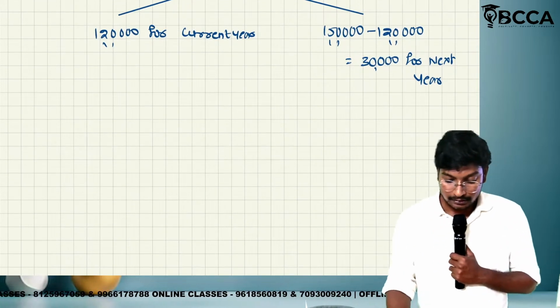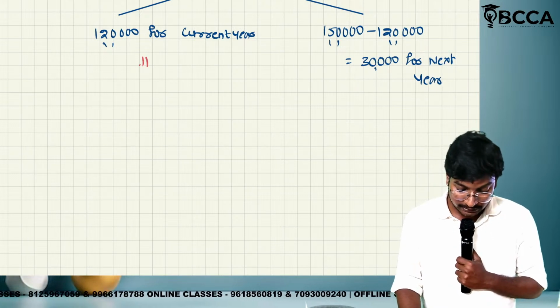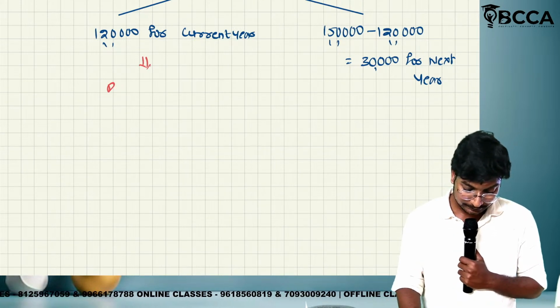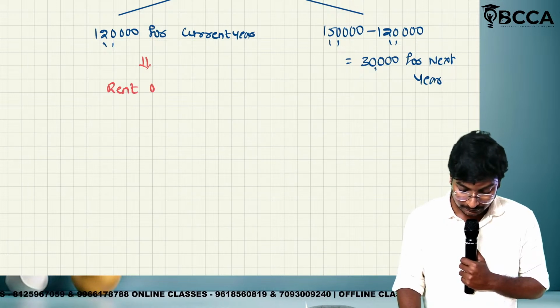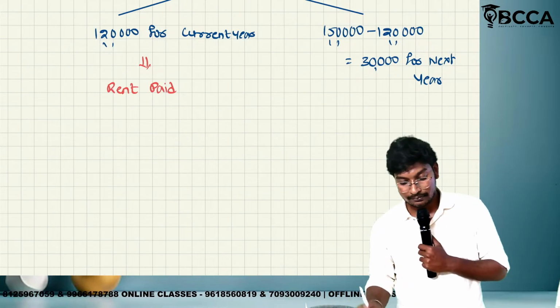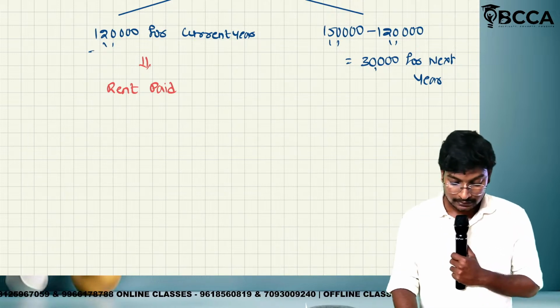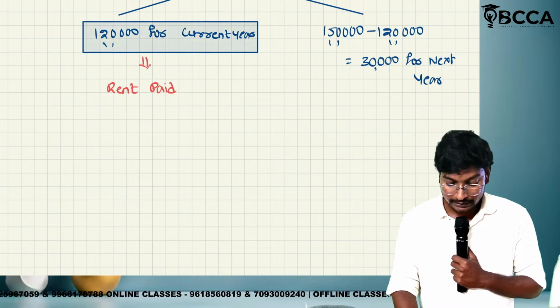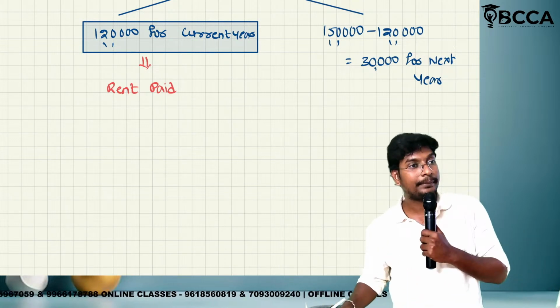We can call this 1,20,000 rent paid. Then what is the meaning of 30,000? The 30,000 is called prepaid rent.